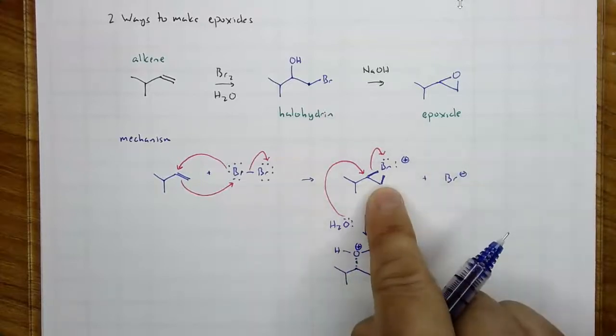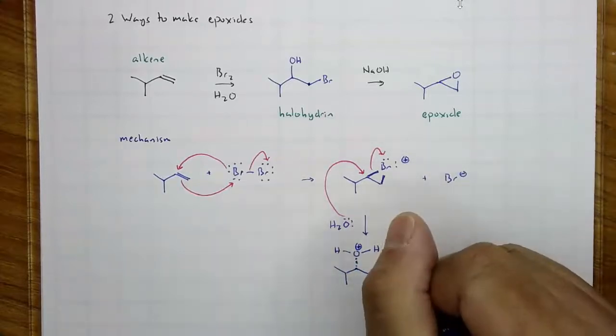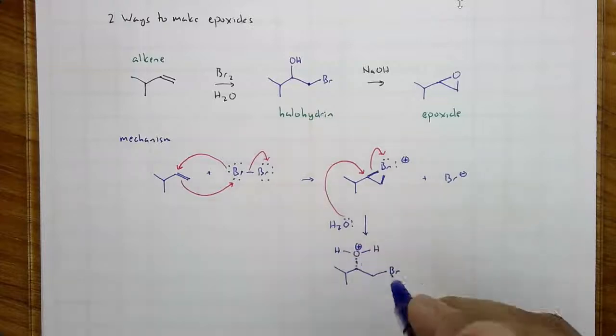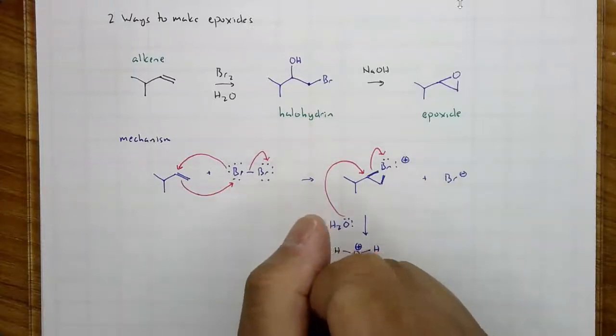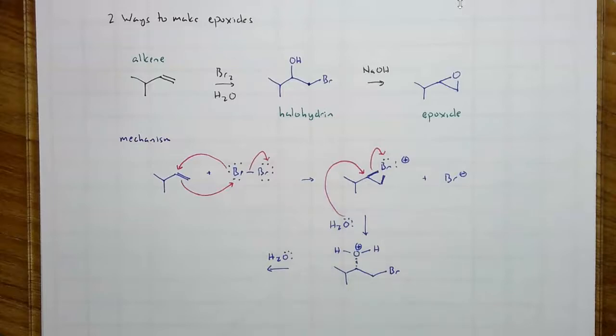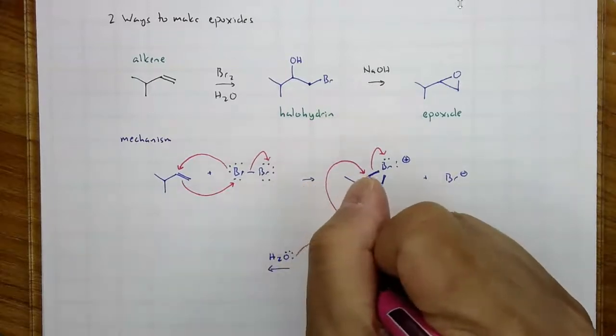Now this one is still wedged, but because it's not a chiral carbon, you wouldn't know that once it starts rotating. Okay, good. And then finally, we could also use the Br minus to strip off this proton.